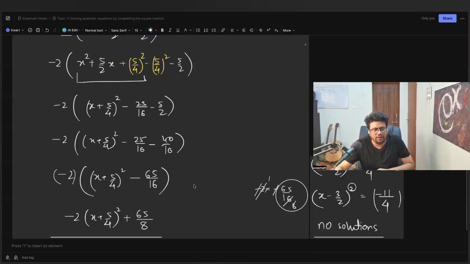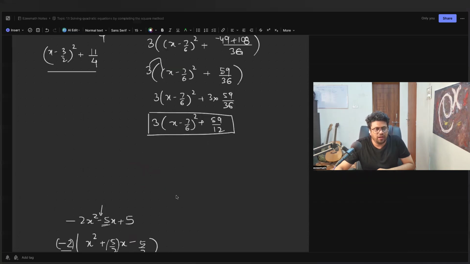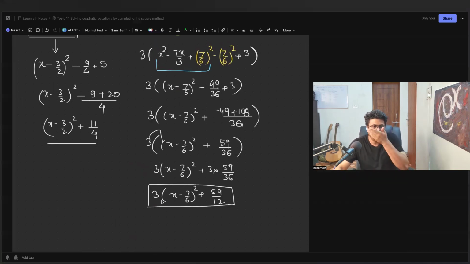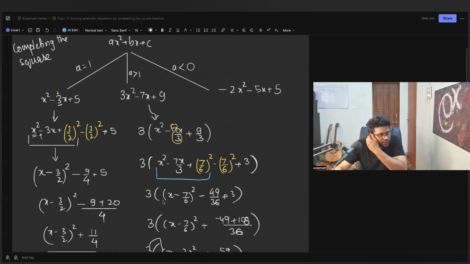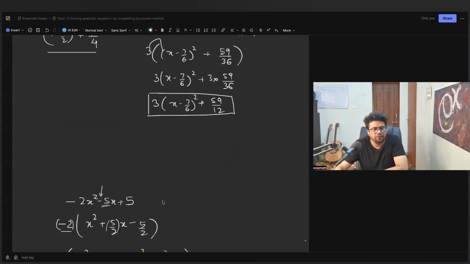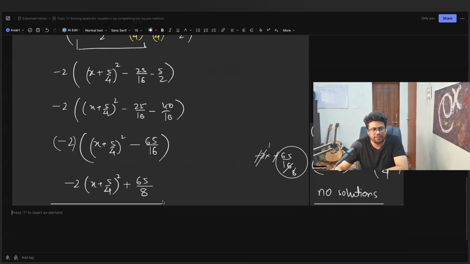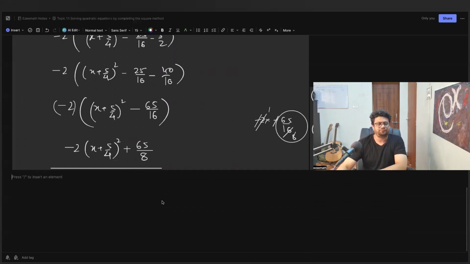So there was our first quadratic. And now we can actually go look at some other one. Oh, yeah, I think we can do this one. Okay.